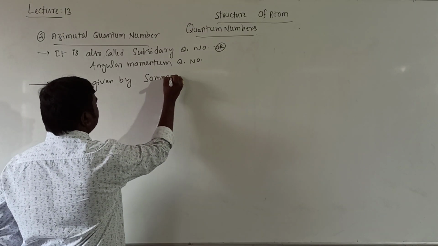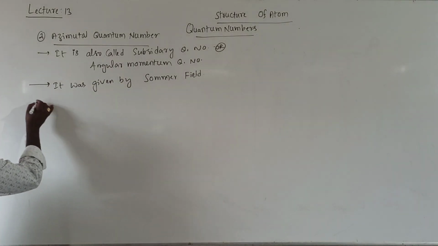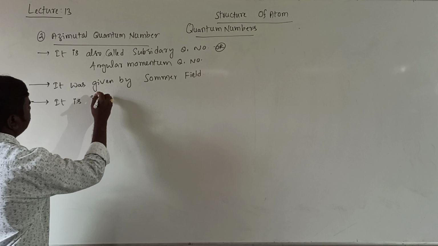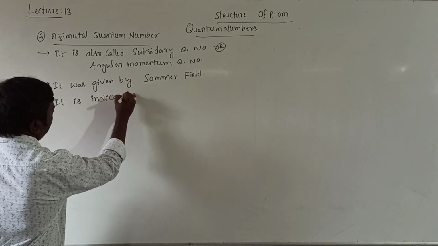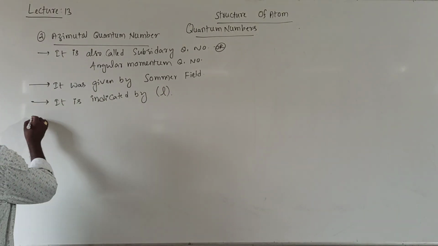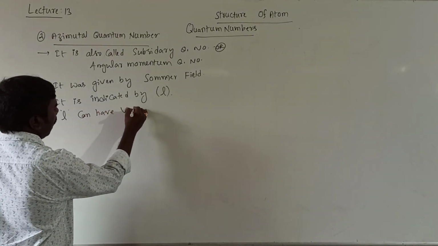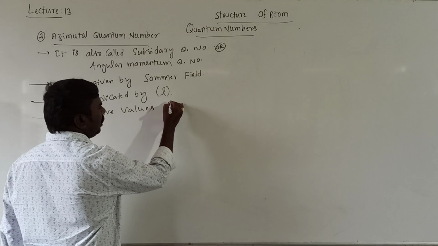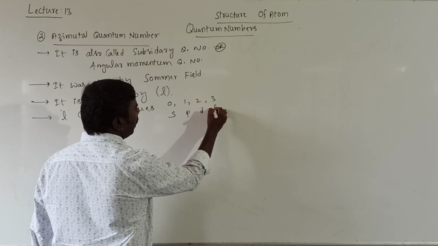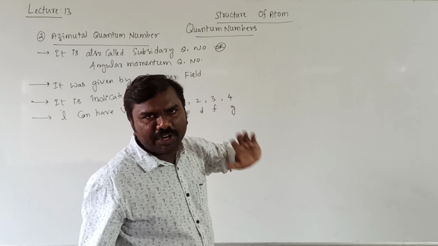It is indicated by small l. L can have values 0, 1, 2, 3, that is s, p, d, f, and 4, like that. Many are there, infinite values are possible here.